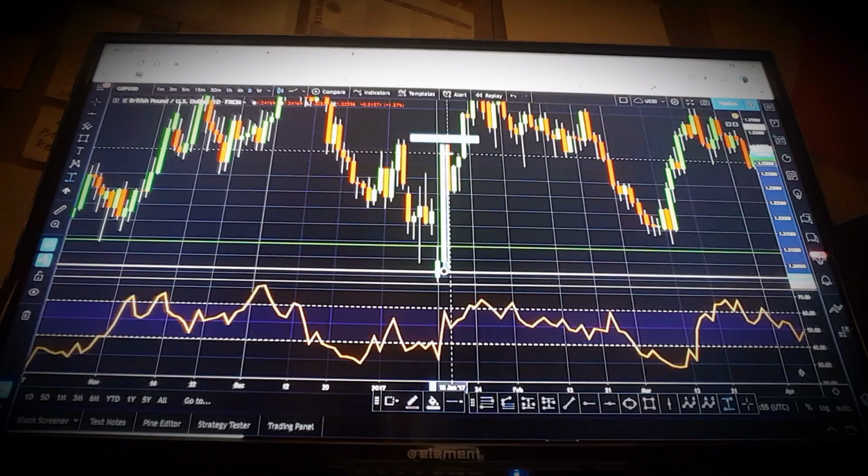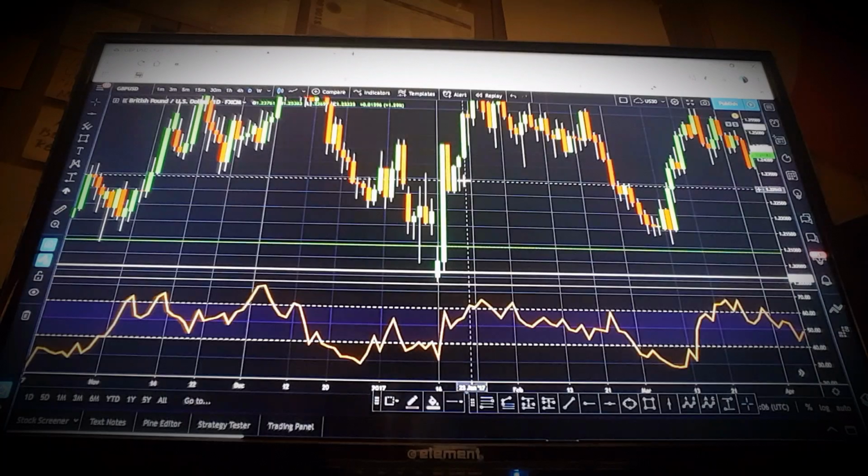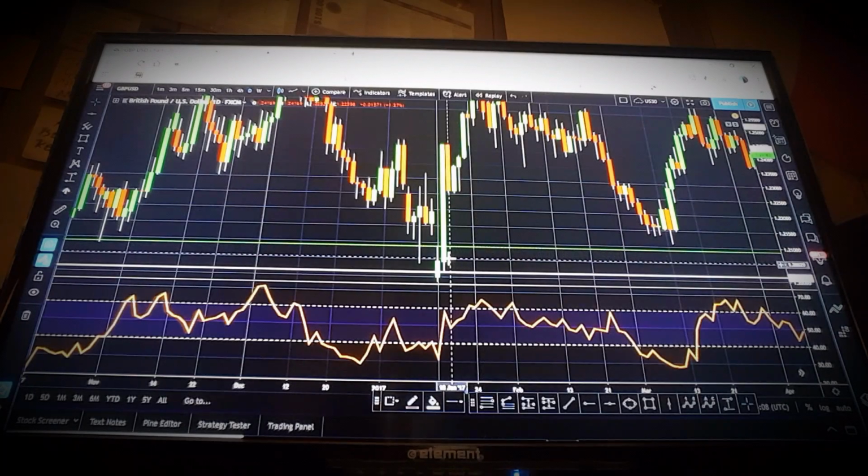That one candle. The GBP pairs, they're lovely. But we found our strong movement. And when was this? Oh my God, back in January 2017. Wow.